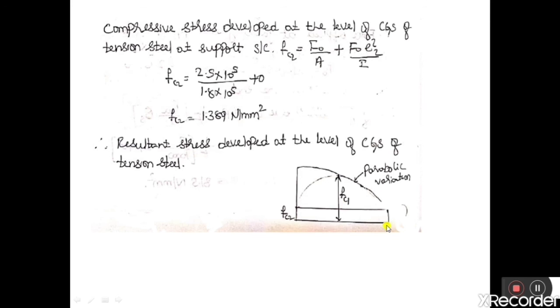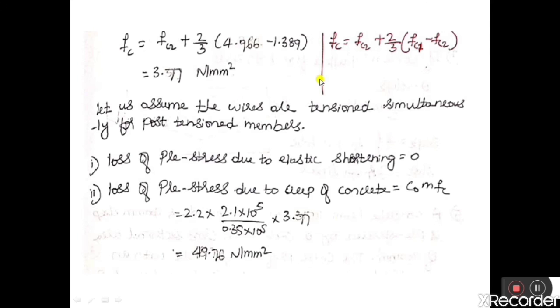Fc1 is the full depth, and we have already taken this depth as Fc2, so the remaining portion is Fc1 minus Fc2. So Fc is equal to Fc2 plus 2 by 3 into Fc1 minus Fc2.